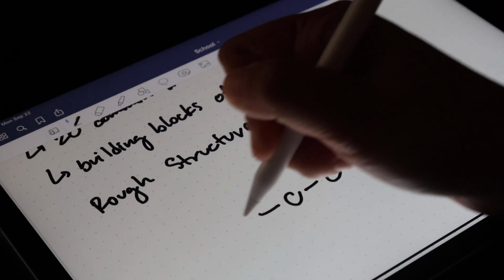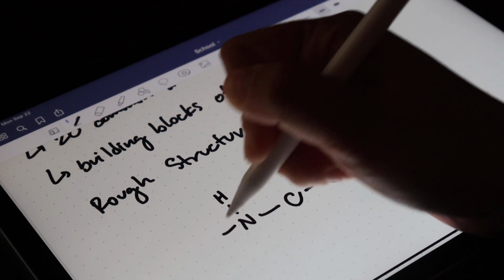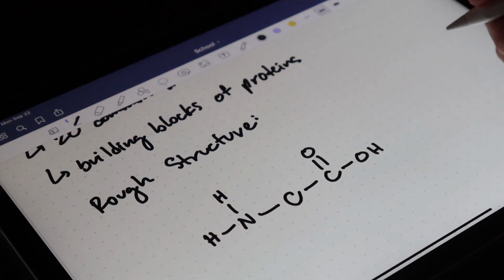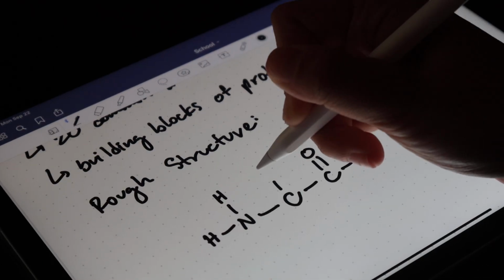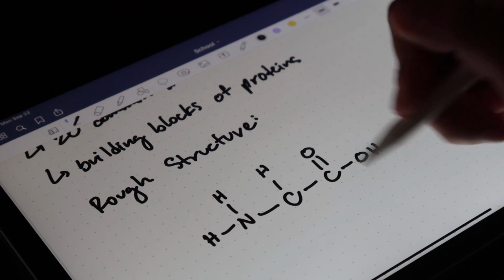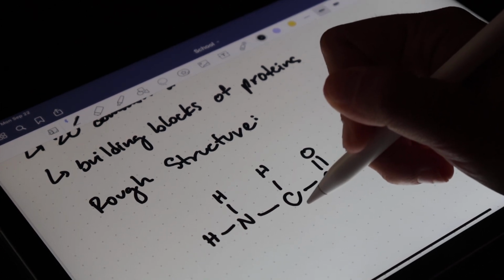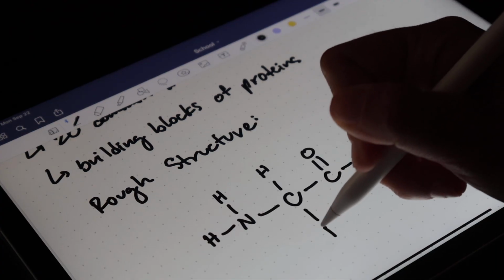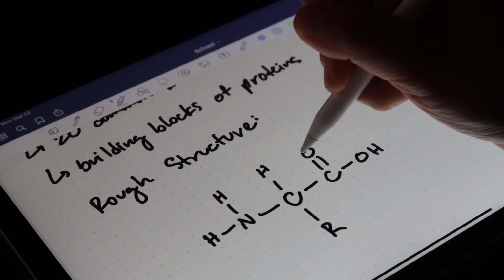And then it is also connected to an amine group. The central carbon also has a hydrogen. And to fulfill the octet rule that we have going on with the central carbon, we have our R group. So take a closer look at that.